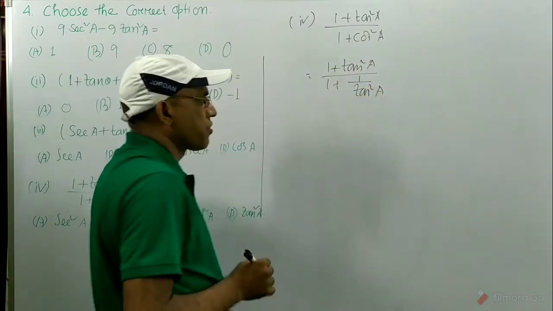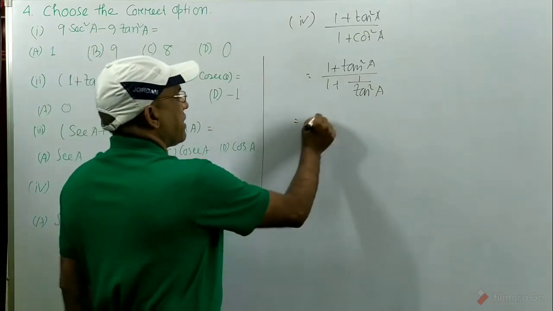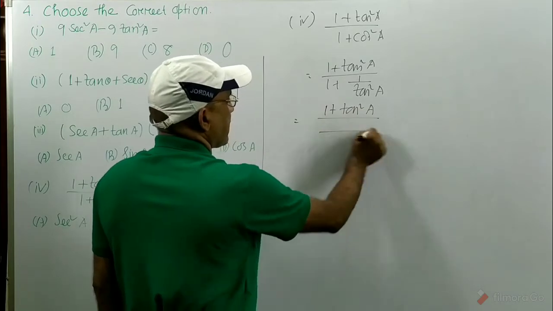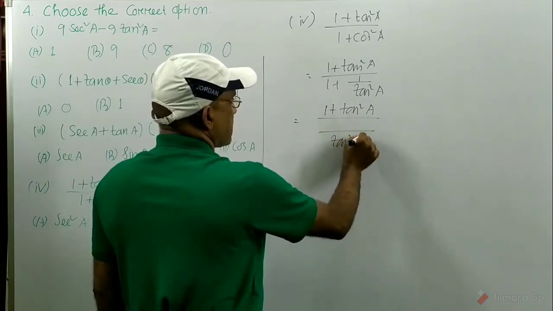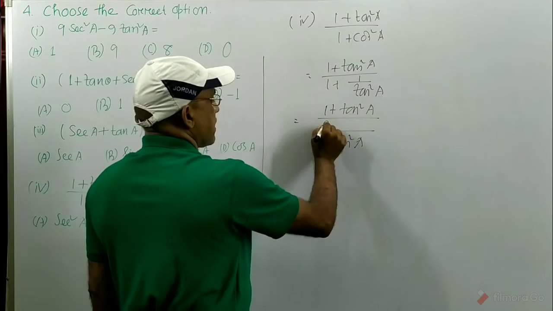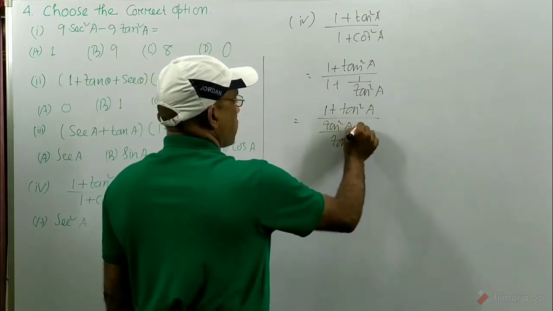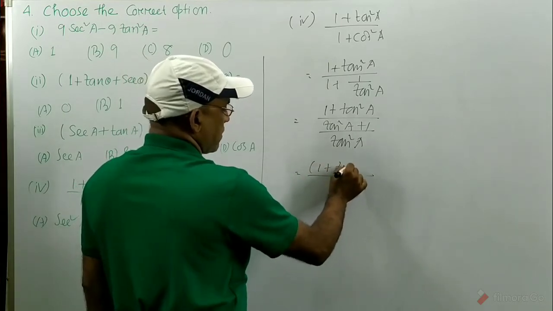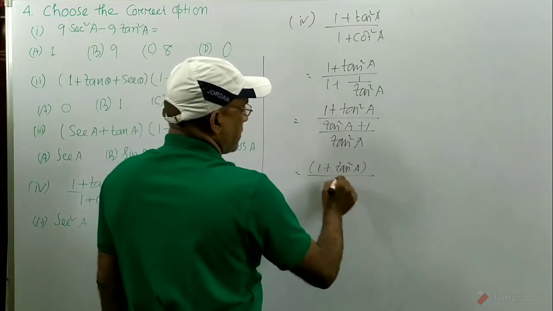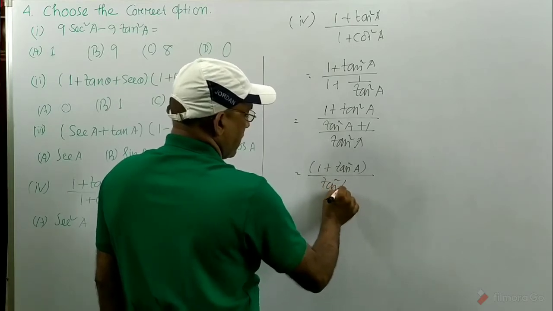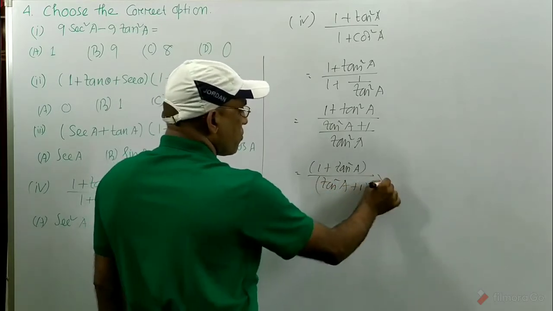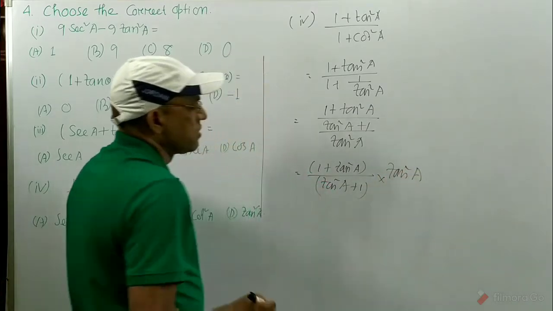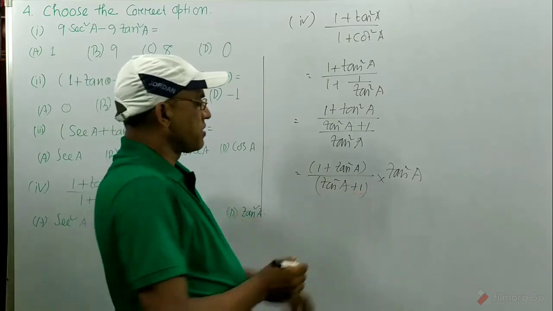So we have 1 plus tan square A, and in the denominator, taking LCM, tan square A plus 1 over tan square A. The tan square A comes to the numerator, and 1 plus tan square A cancels with tan square A plus 1, as these are like terms.